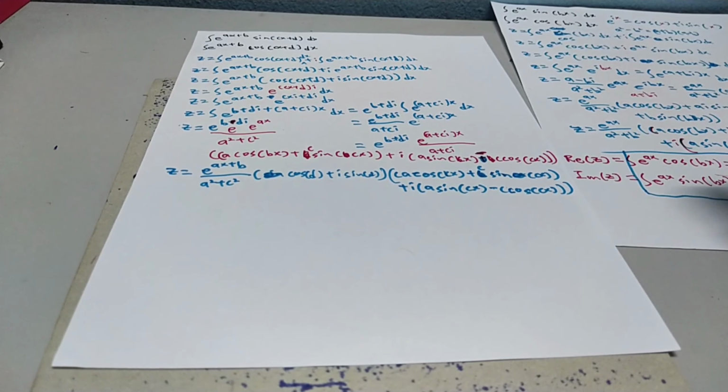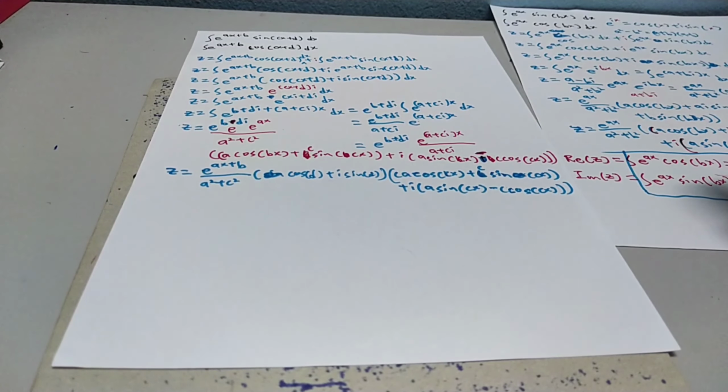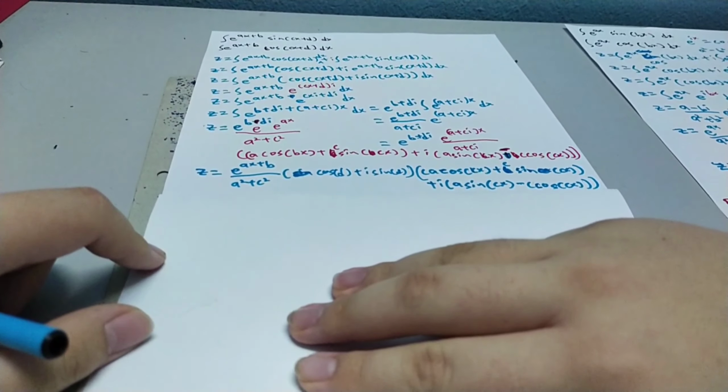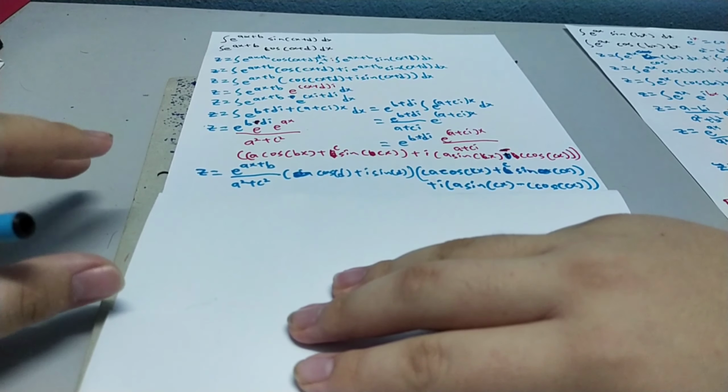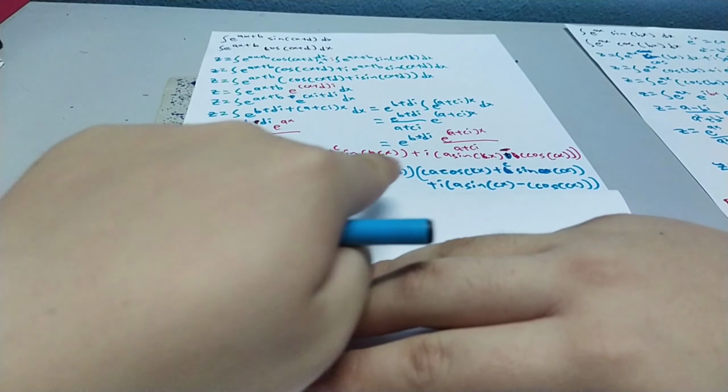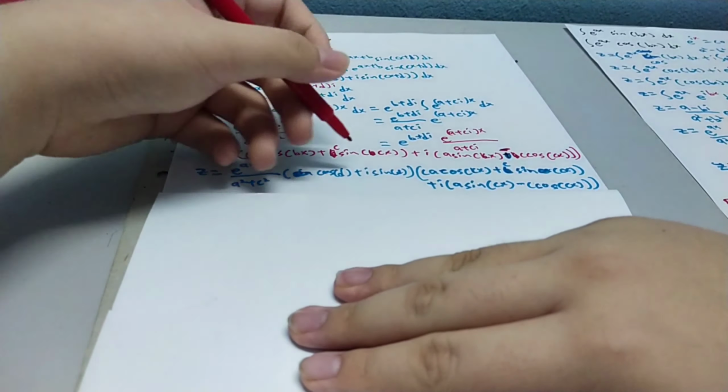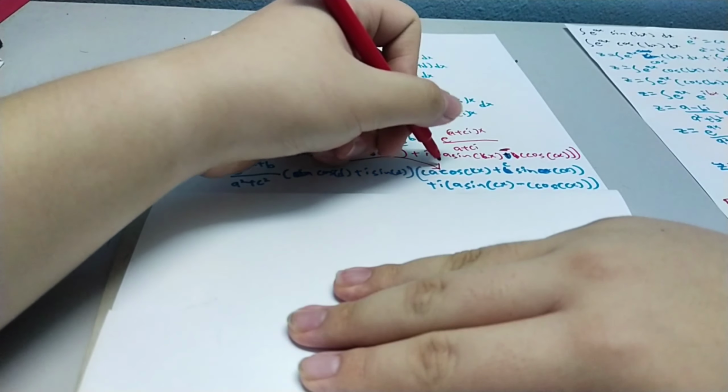So we compare the real part and the imaginary part of z. Now let's try to expand this whole insanity. Now we're going to take cosine of d times this term.